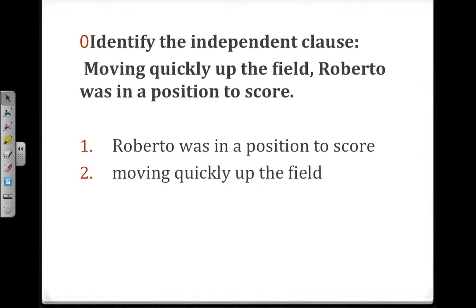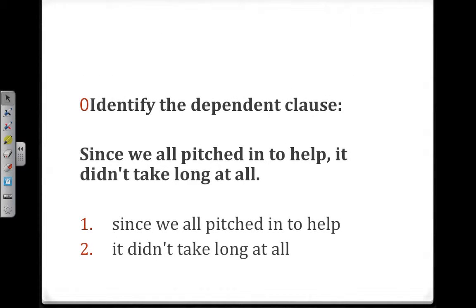Now I'm looking for the independent clause, and that is Roberta was in a position to score. I could throw a period onto that right there, and it would stand alone just fine as a sentence. It is independent. It does not require other information. I'm going back now to looking for the dependent clause, and that is since we all pitched in to help. What happened?